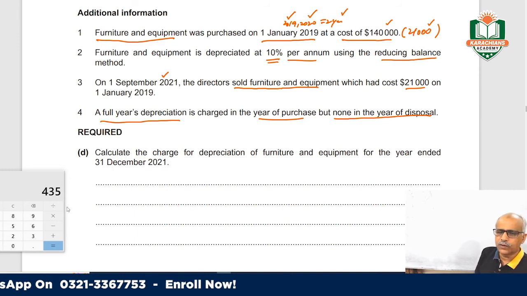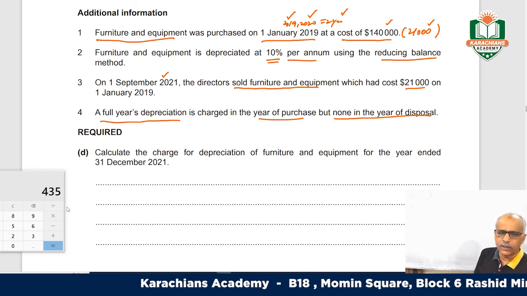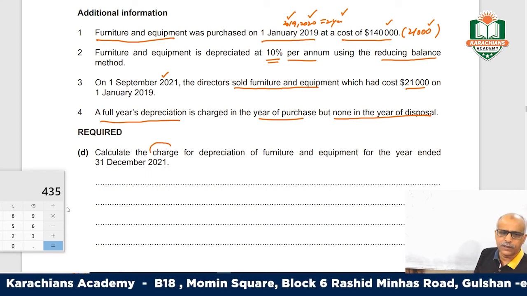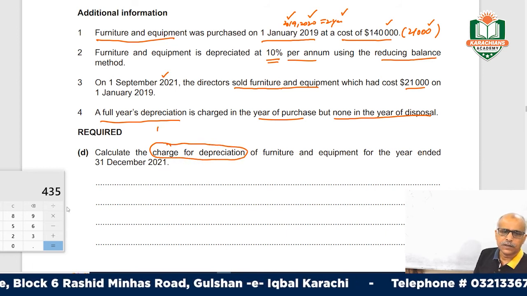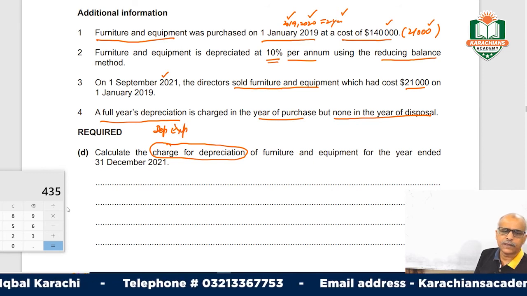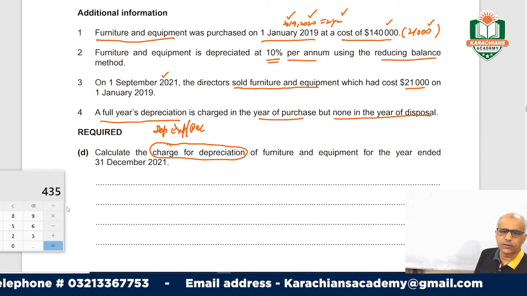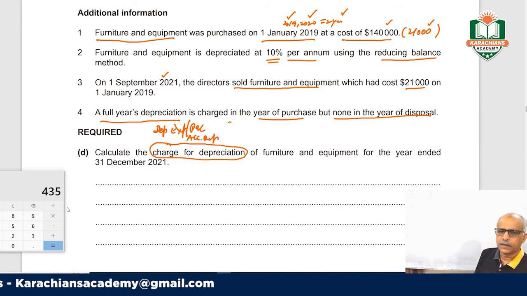Calculate the charge for depreciation of furniture and equipment for the year ended 31st December. Now what are they asking? How much depreciation expense you will record, which is charged to the profit and loss account, and accumulated depreciation credited.